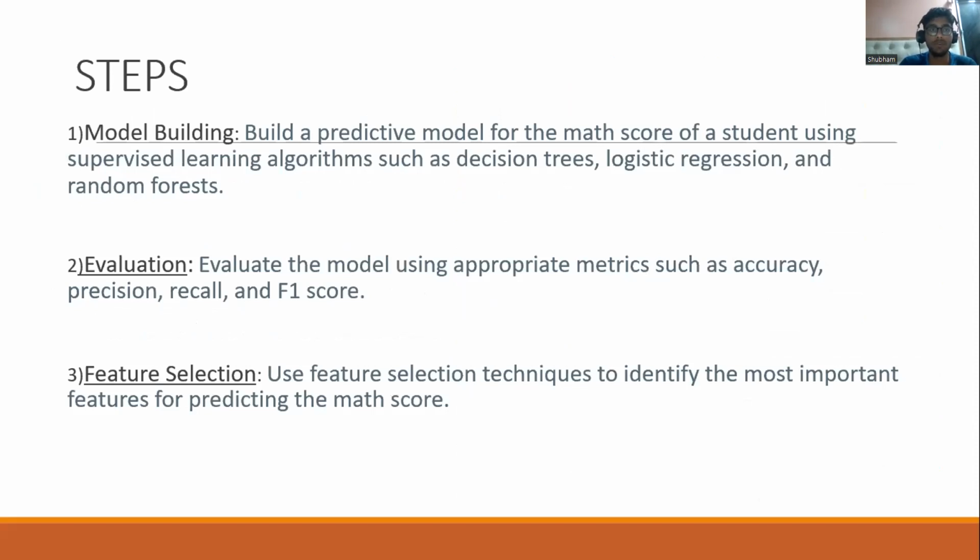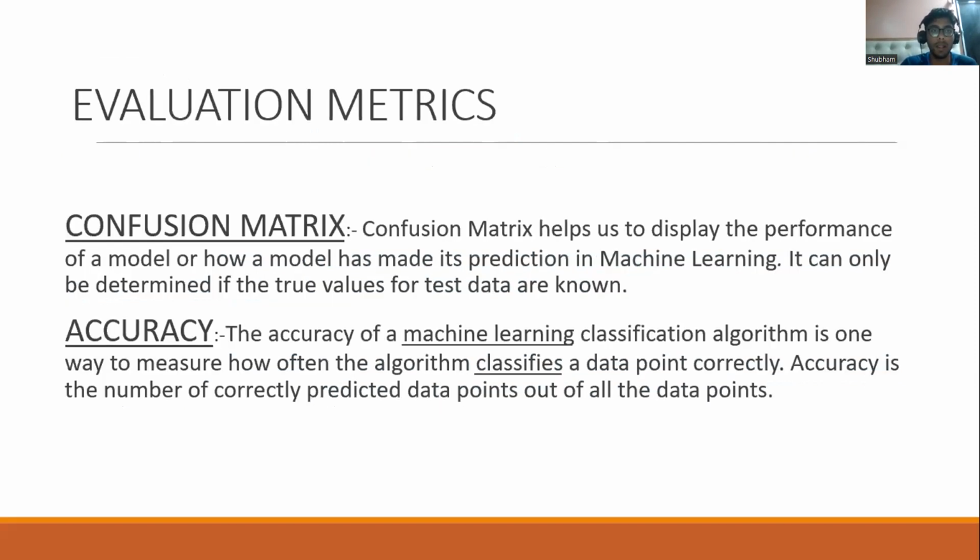First we'll build the predictive model for the math score using decision trees, logistic regression, and random forest. Then we'll evaluate the model on accuracy, precision, recall, F1 score, and R2 score. Feature selection will be done at the end to identify the most important features for predicting the math score.